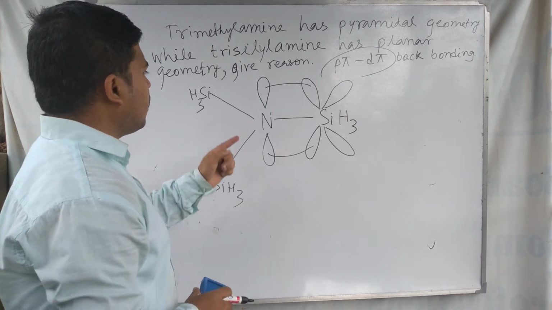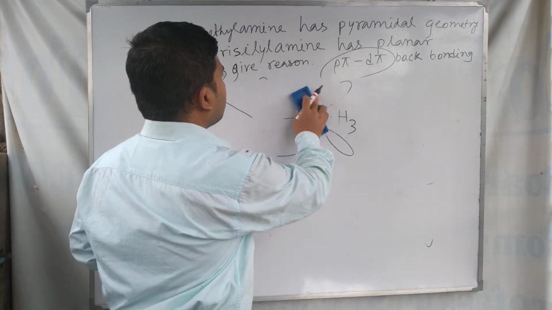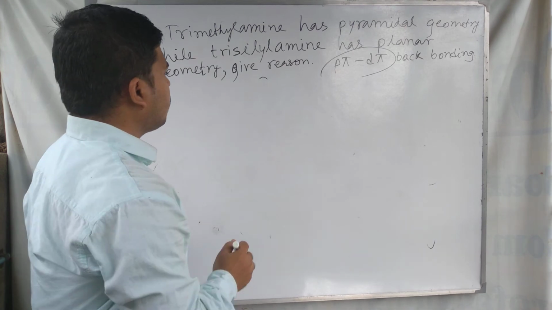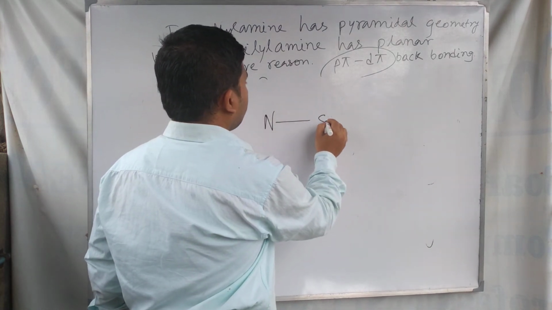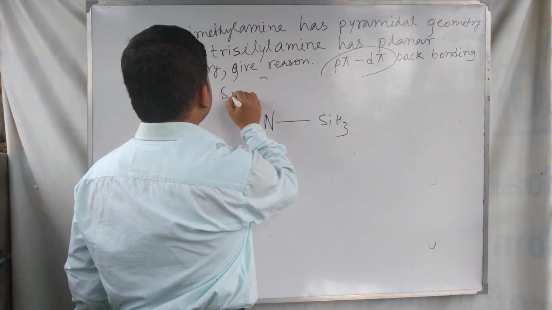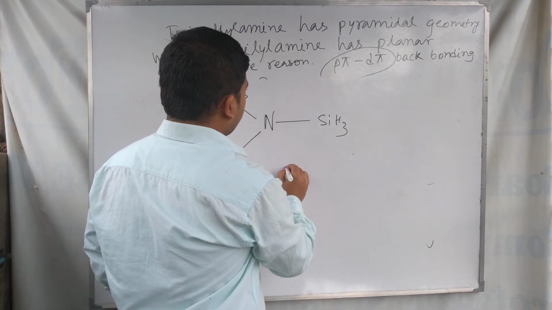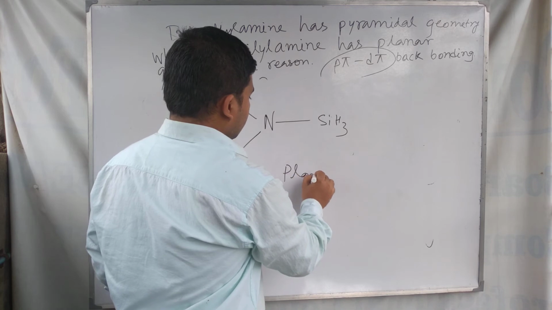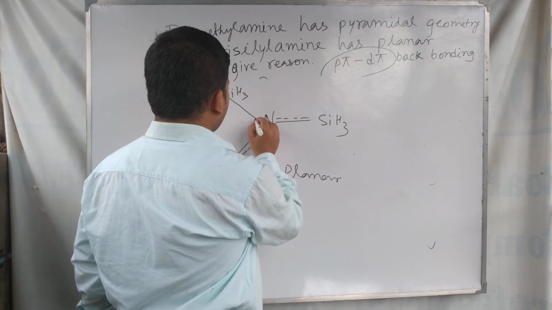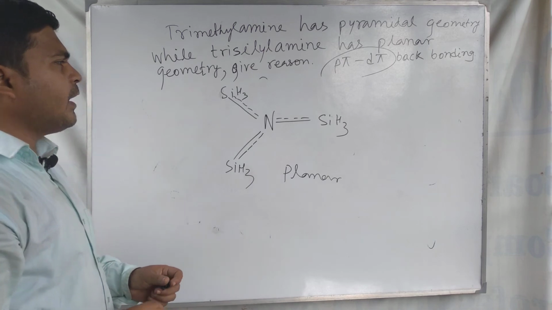So as a result, nitrogen loses its donor property, meaning nitrogen loses its lone pair for this pi bond formation, and now the shape of the trisilylamine is a planar structure, because it is losing its lone pair and forming the p pi d pi back bonding with these three SiH3 groups.